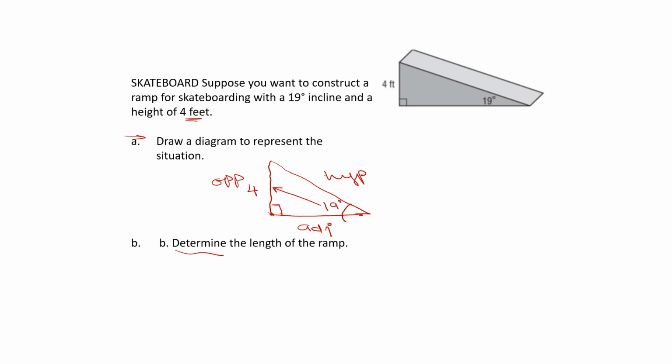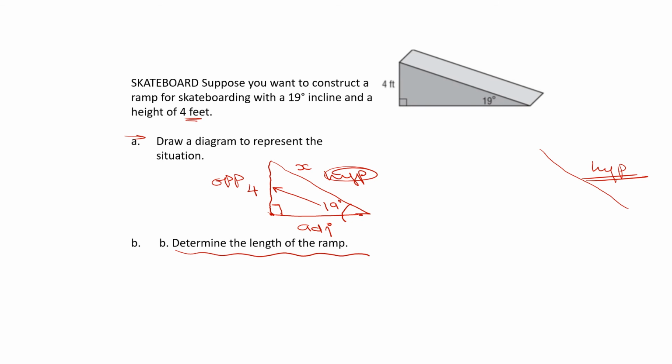Now determine the length of the ramp. As I told you, whenever they talk about the ladder or the length, you always have to find the hypotenuse. So here, if they are asking us to find the length of the ramp, it means they are asking us to find the hypotenuse.